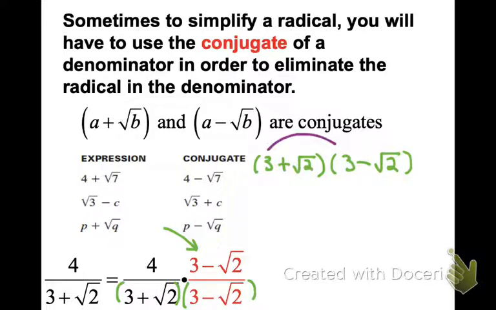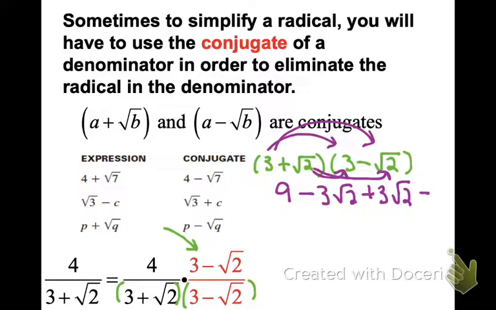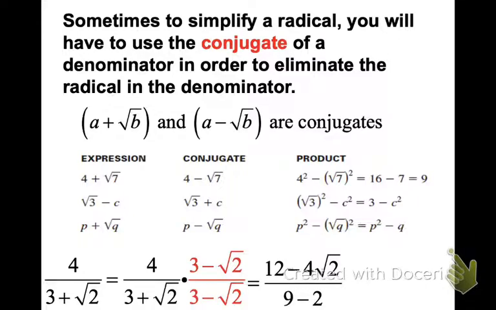If we FOIL it, we end up getting 9, negative 3 square root 2, positive 3 square root 2, minus the square root of 4. Then our middle terms cancel out, so we're left with 9 minus the square root of 4, which is 9 minus 2, which gives us 7. So we got rid of, or eliminated, our radical.